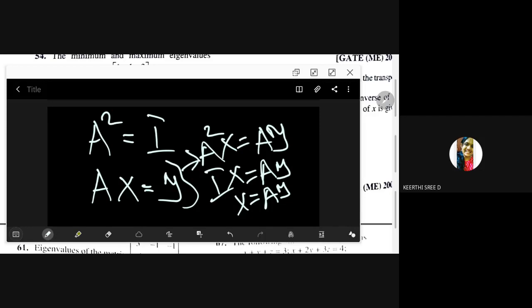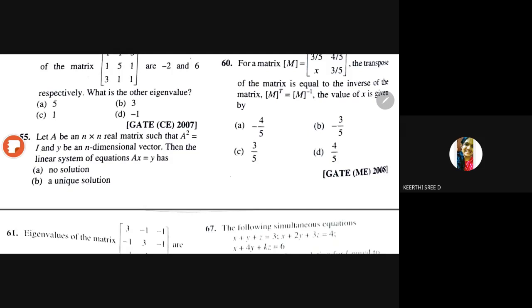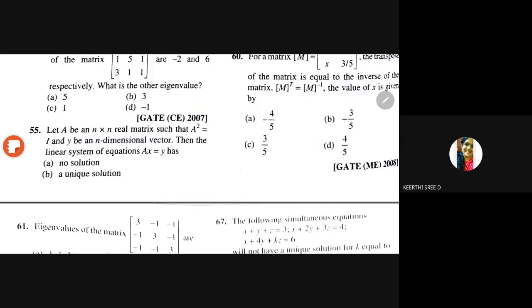Can anyone tell? What are the alternatives here? No solution, a unique solution, more than one, infinitely many independent solutions. Can anyone tell what will be the answer for 55?